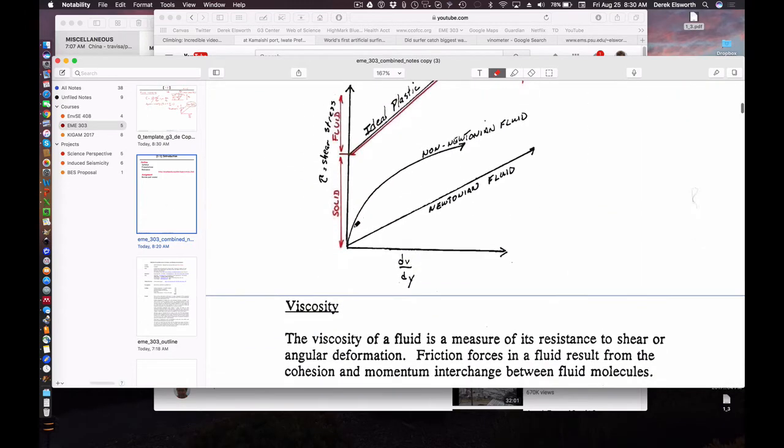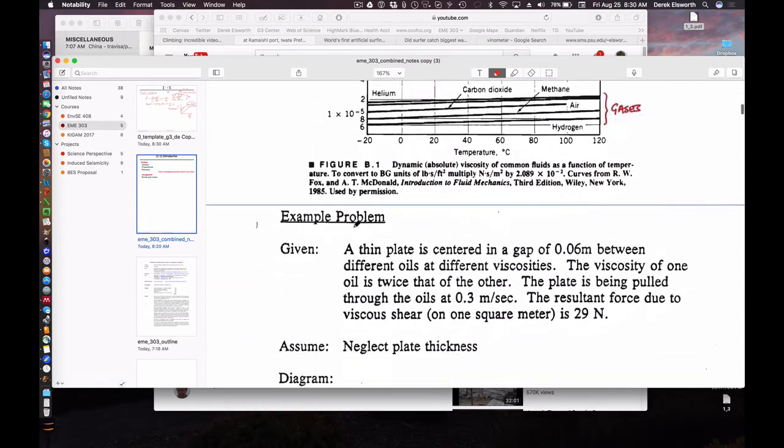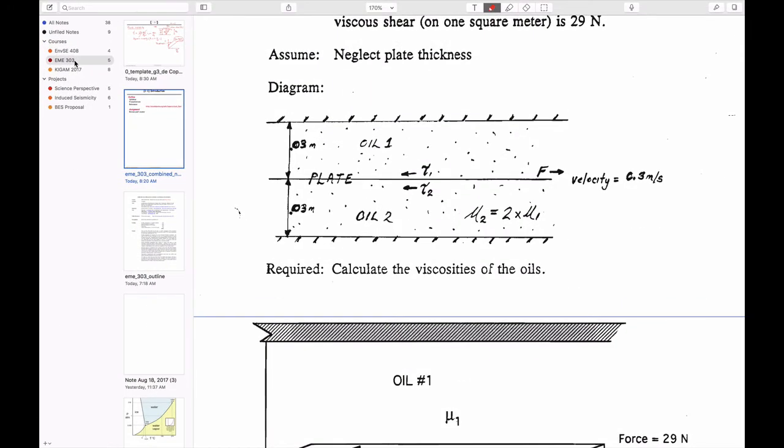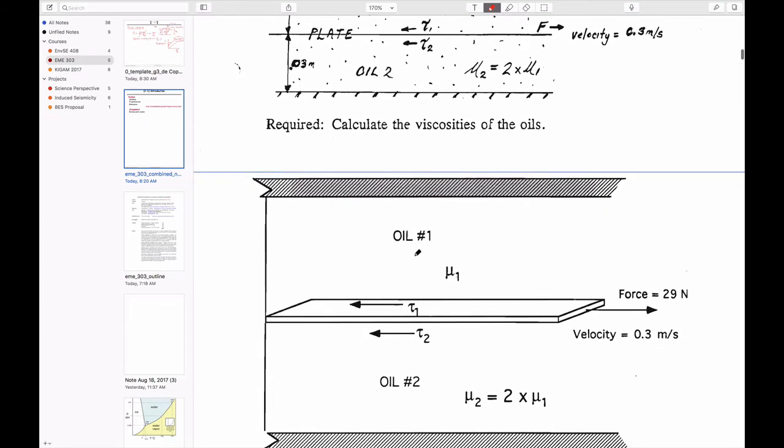There's an example you can go through. It's certainly taken care of in the previous videos if you so wish. Basically, the geometry is a plate being pulled within two fluids, one of which has twice the viscosity of the other. What is the force you have to apply on this plate?